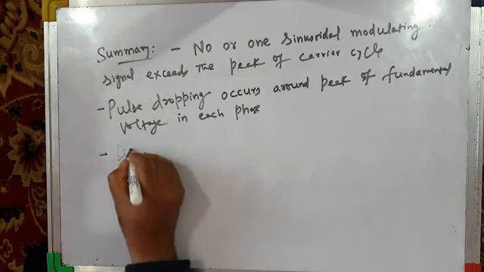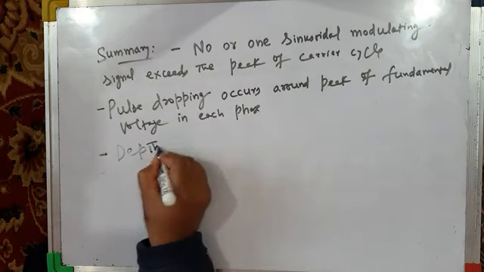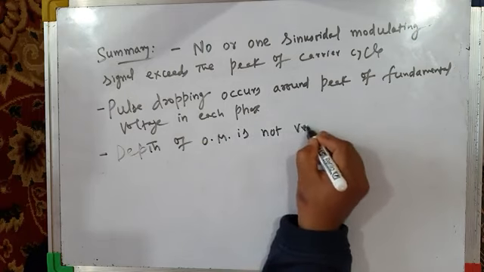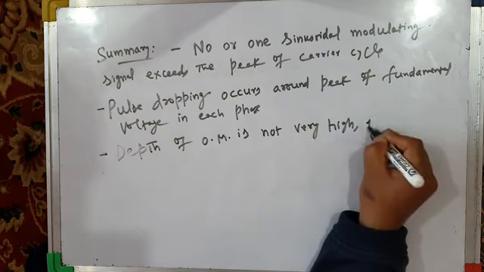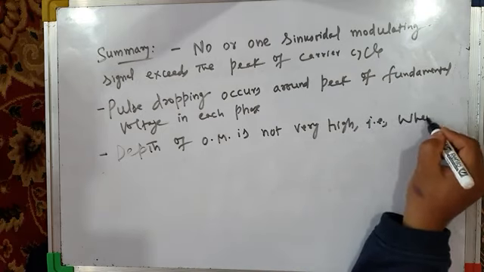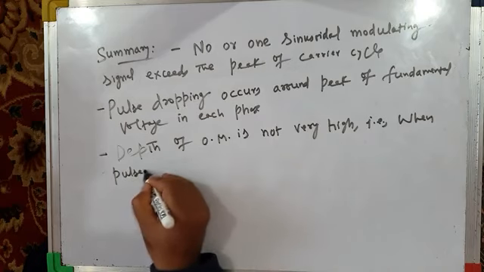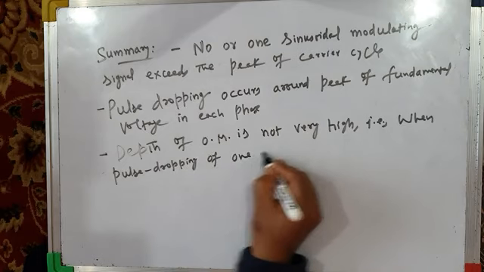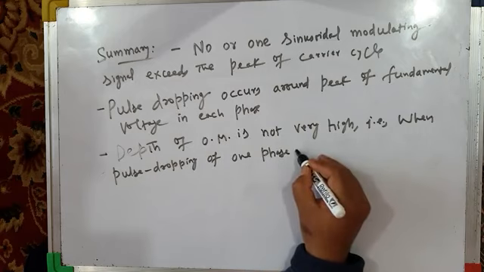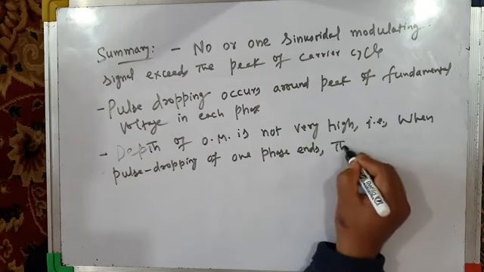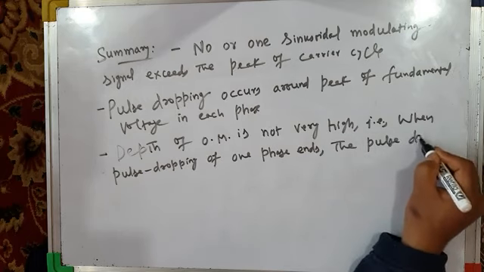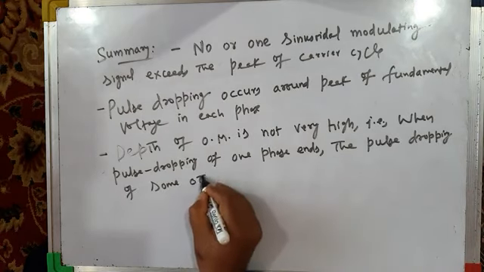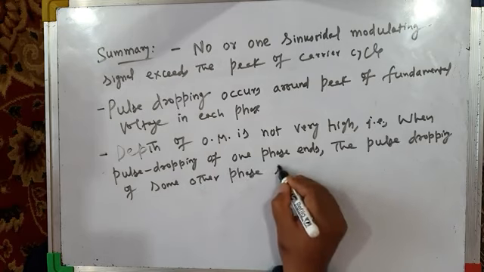Third point is that the depth of over modulation is not very high, which means that when pulse dropping of one phase leg ends, the pulse dropping of some other phase starts.